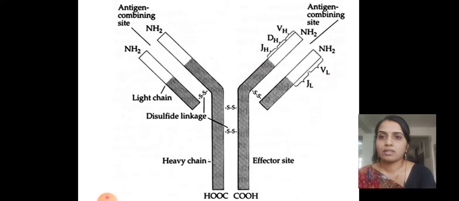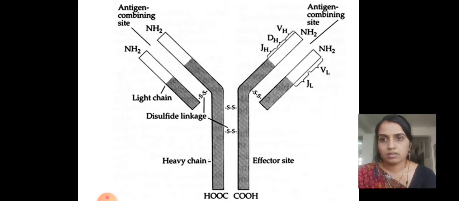Next, in proper diagrammatic representation, you can see on the slide the diagram of the antibody. It gives you a clear idea of the combination of all the bonds and chains, or the structure of all the arms of the antibody.